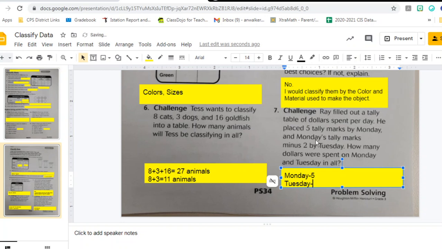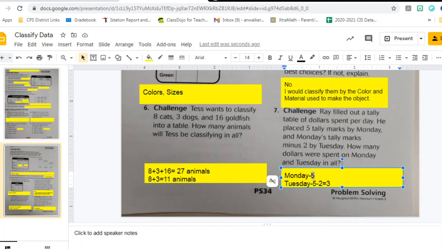Tuesday, it says Monday's tally marks minus 2. So I have 5 tally marks on Monday, so Tuesday must be 5 minus 2, which equals 3. So Tuesday equals 3.